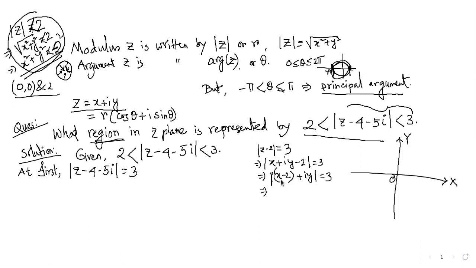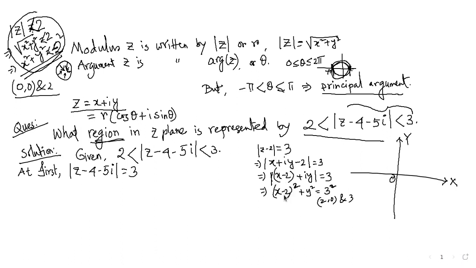If we remove the modulus, we can write (x minus 2) whole square plus y square equal to 3 square. This is 3 square, okay? This is also the equation of a circle, center is 2, 0 and radius is 3. Just the same equation.